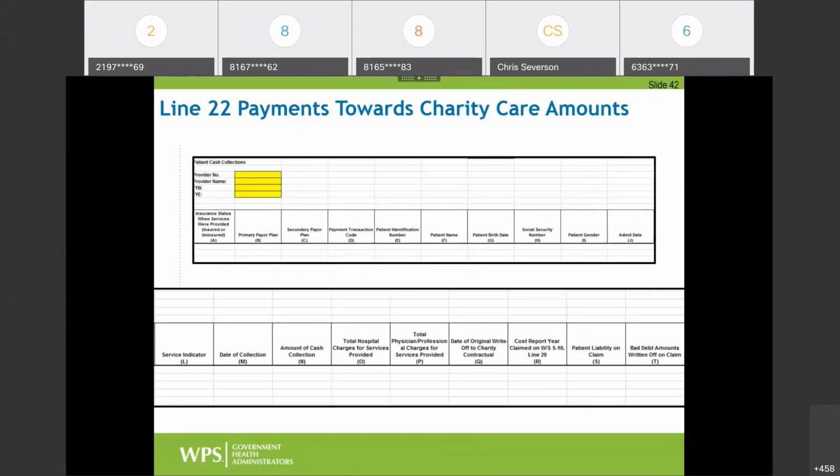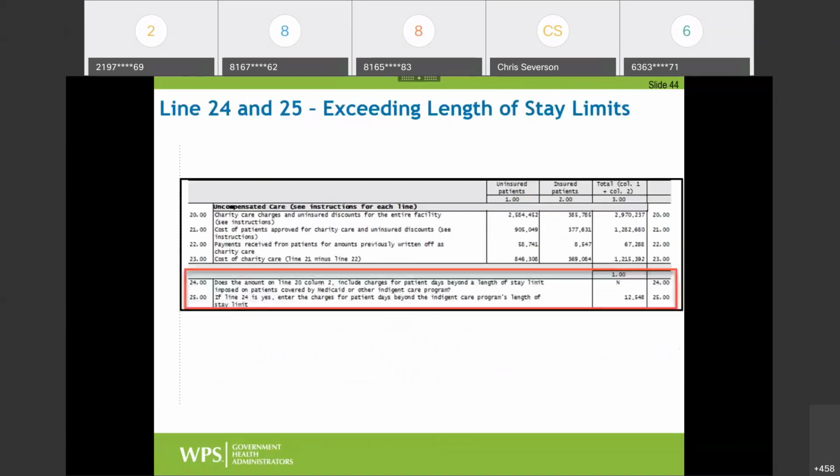We'll talk about the template just a bit. And then just briefly, I want to talk about line 24 and 25. If you have that situation where you included some Medicaid length of stay limit charges in line 20, column 2, commingled with other coinsurance deductible amounts, then whatever that charge amount was in line 20, column 2, you also have to report it in line 25 so that the cost reporting software understands how much of this $385,785 from line 20, column 2 should be subject to the cost charge ratio.